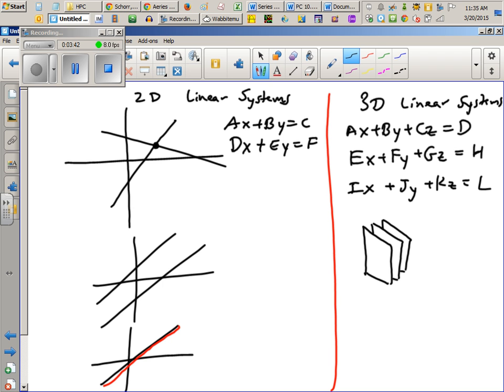Okay? So this was like 3 straight and flat planes. 3 straight planes. Linear means straight, you could say, I guess. They might cross. They might not. In this picture, are they crossing? No intersection. How about in this picture?